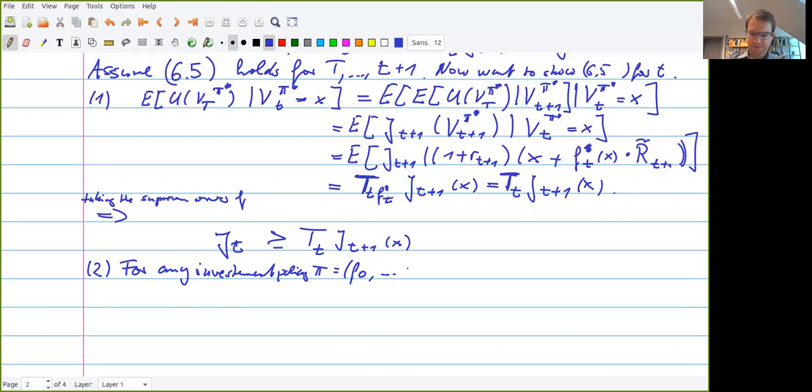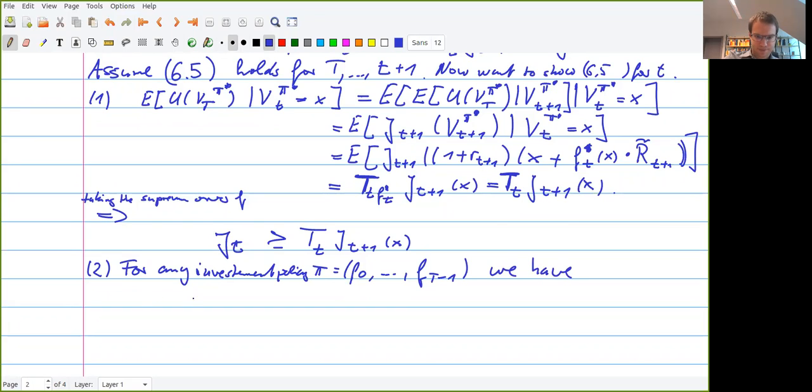The investment policy consists of decision rules F_t. Well, what do we get?